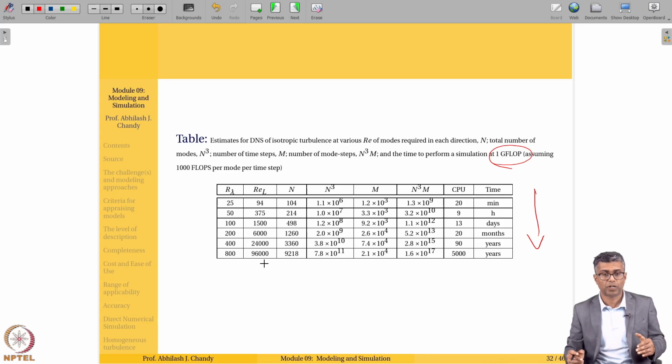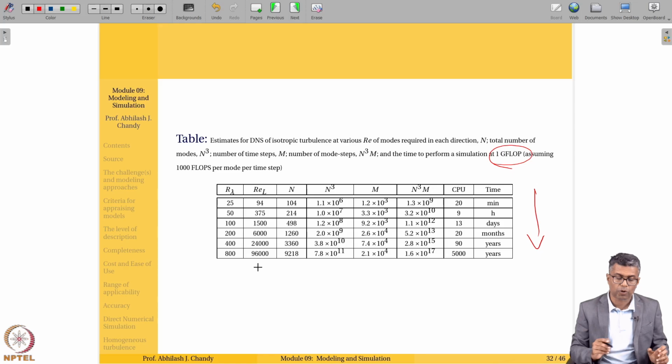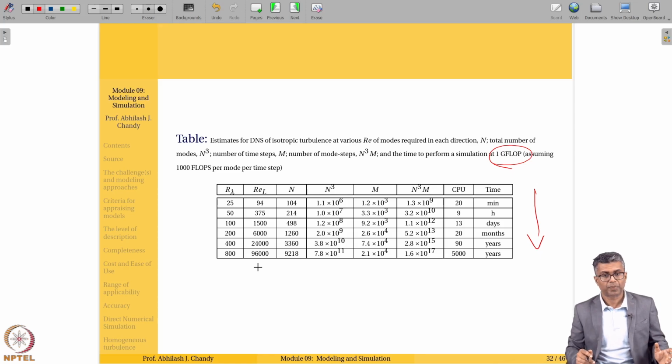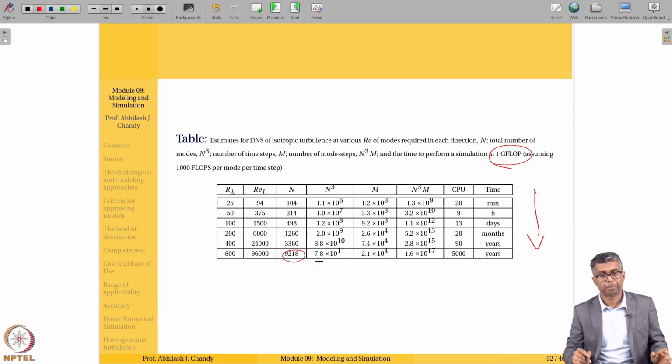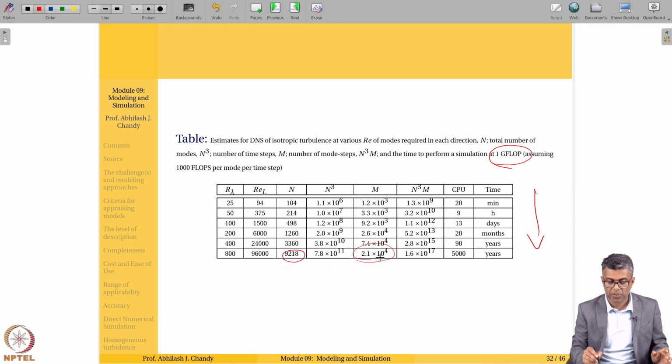A gas turbine engine would be close to that, or in fact more than that. The total number of grid points in each direction is 9218. The N cube is 7.8 times 10 to the 11. The total number of time steps is 21,000. N cube M is this value here.